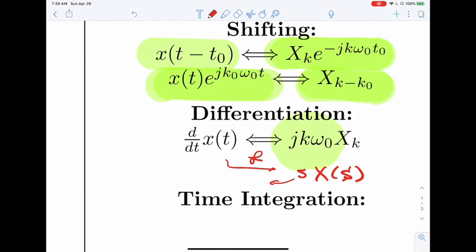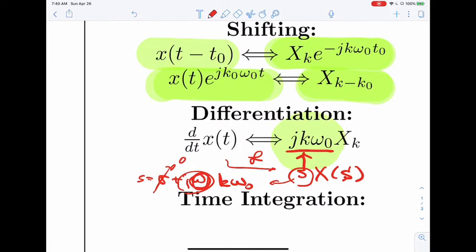If you think of s as being equal to sigma plus j omega, sinusoids are on the sigma equals 0 axis, so the vertical axis. So we just get j omega. What frequencies omega are we looking at? We're looking at integer multiples of the base frequency omega naught. So I should get jk omega naught, which is exactly what we get there. So this is just like the Laplace one, with s being equal to jk omega naught, where harmonically related sinusoids live.